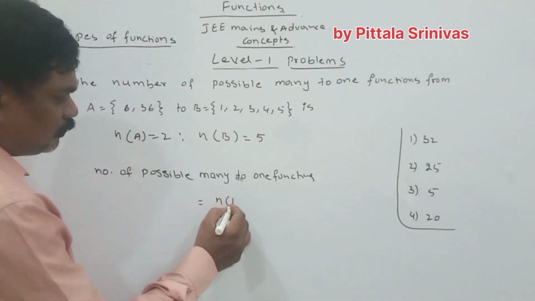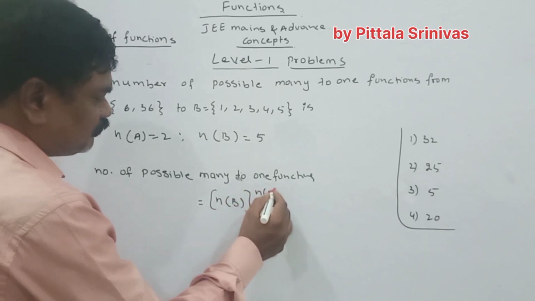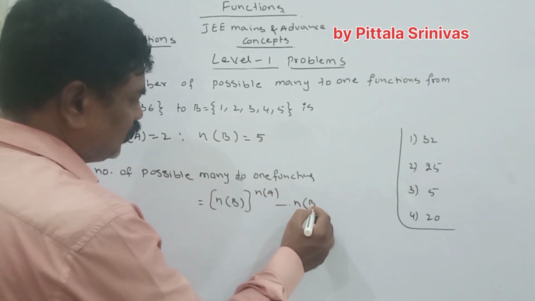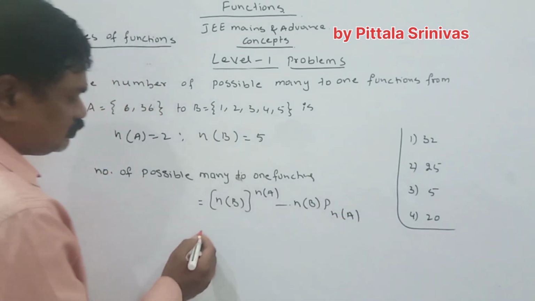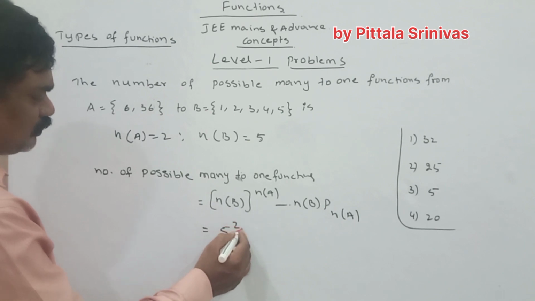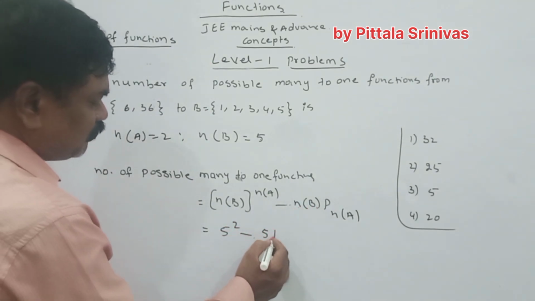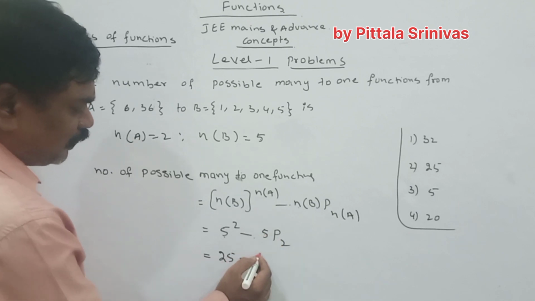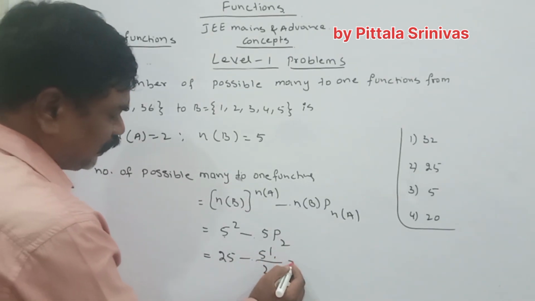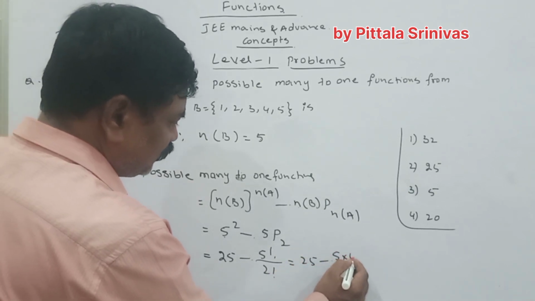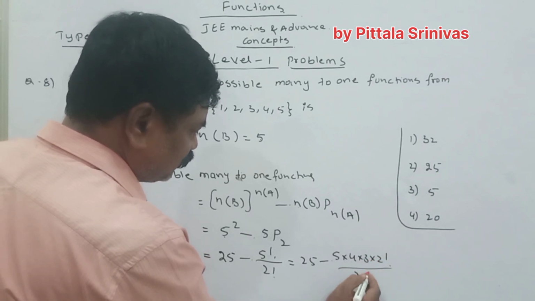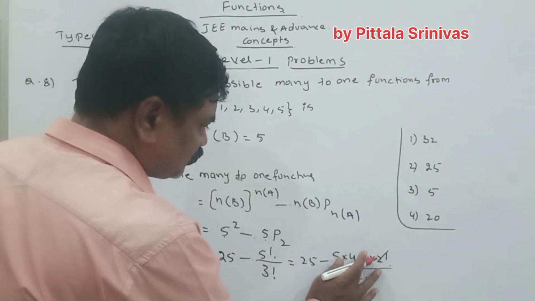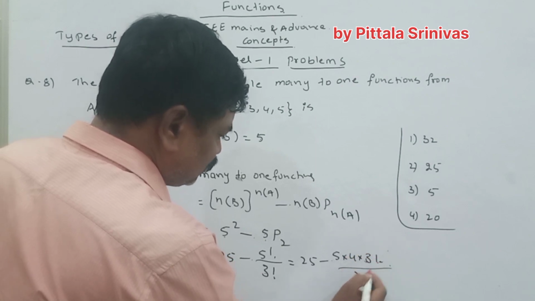is equal to number of B power number of A minus number of B P number of A. That is 5 power 2 minus 5P2, equal to 5 squared, which is 25, minus 5P2, that is 5 factorial by 3 factorial. 25 minus 5 into 4 into 3 factorial by 3 factorial.